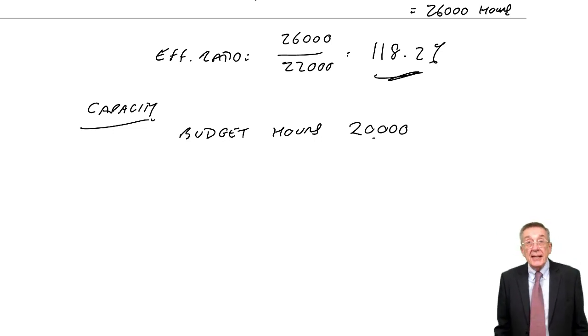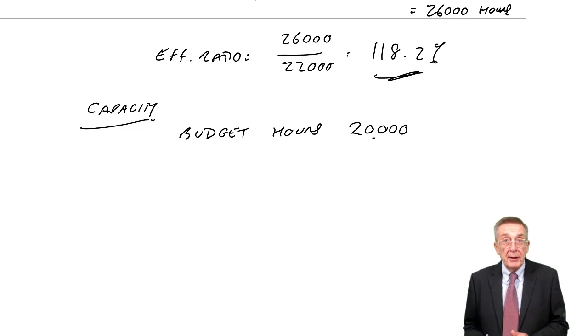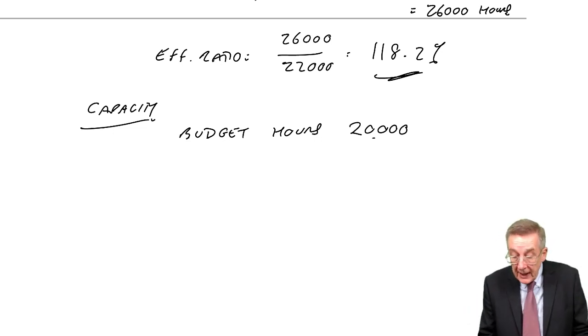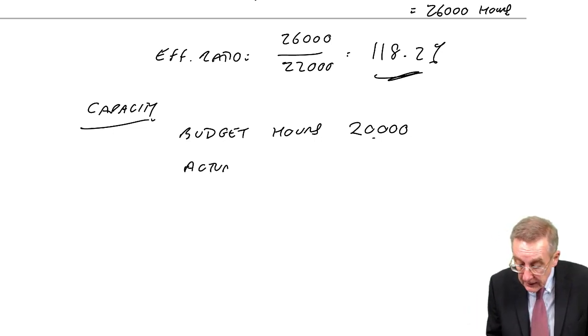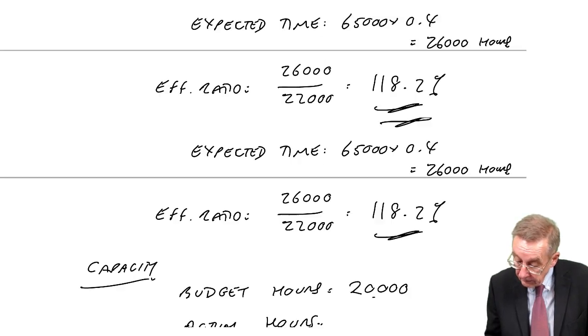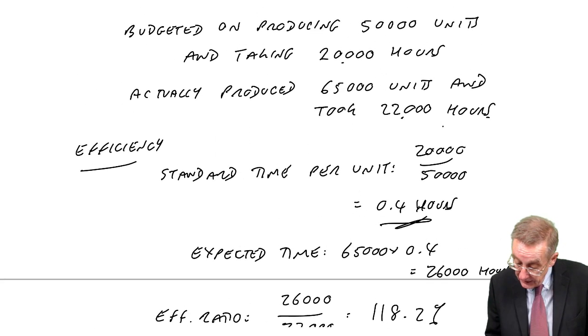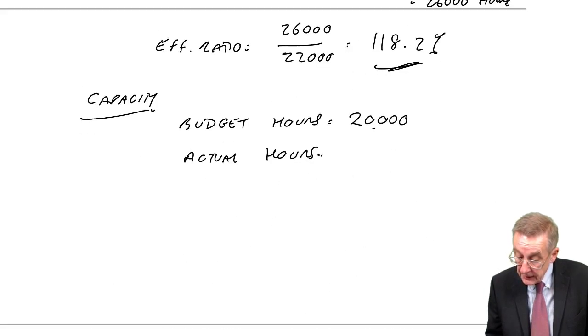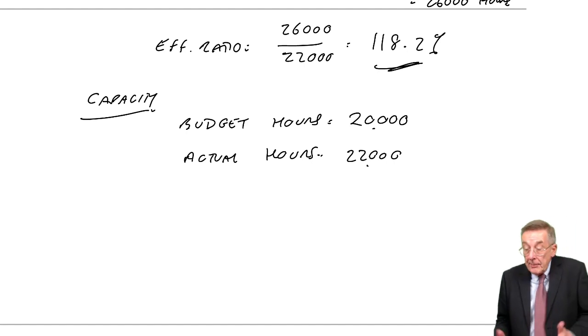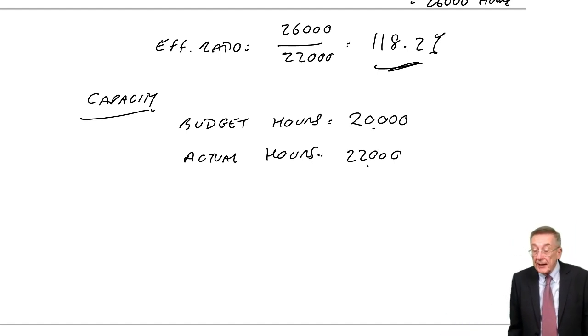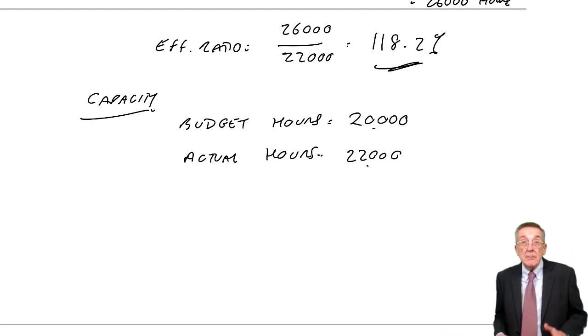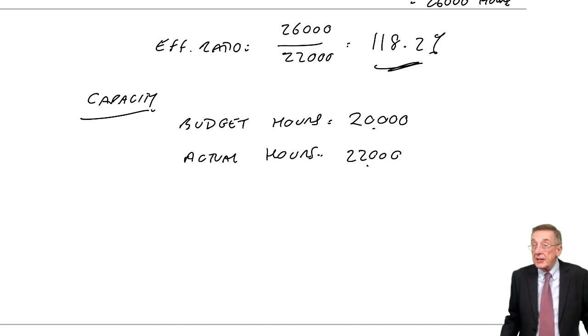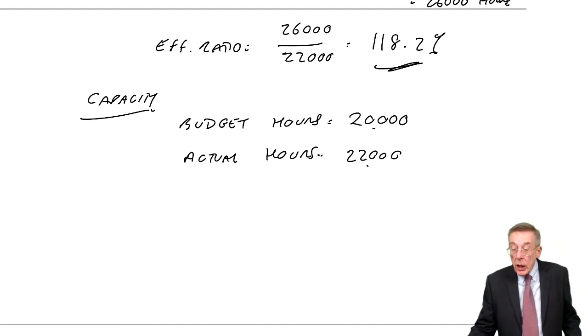Now, capacity is saying, did we manage to get more hours than we thought or fewer? Well, here, the actual hours. How many hours work did we get? 22,000. Maybe we managed to get some more workers or something. But we managed to get more hours than we were actually expecting to get. And that's what capacity measures.